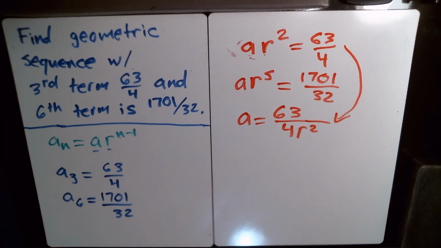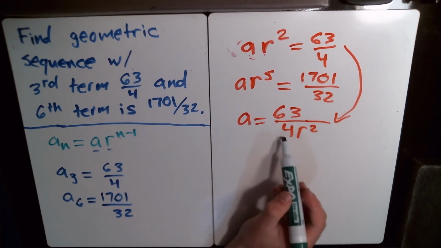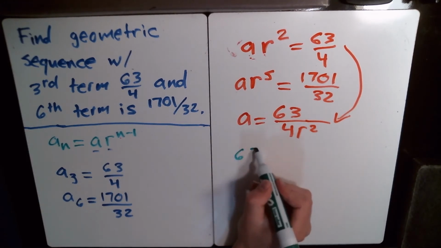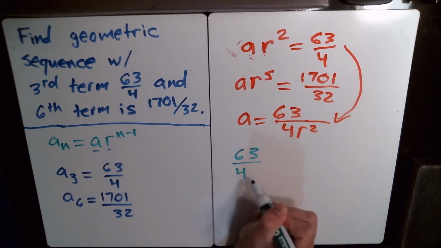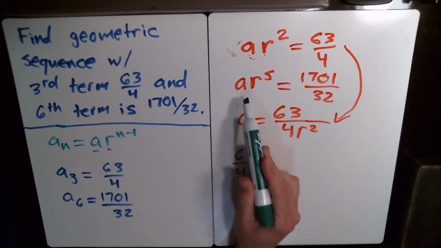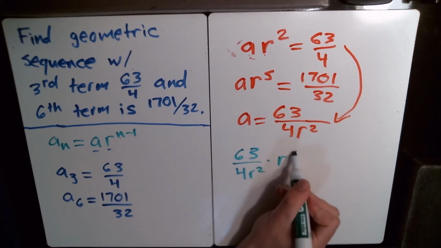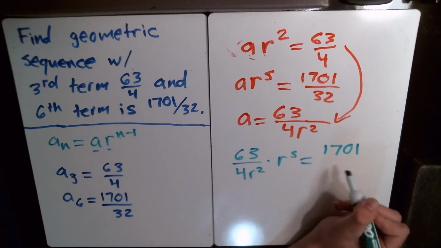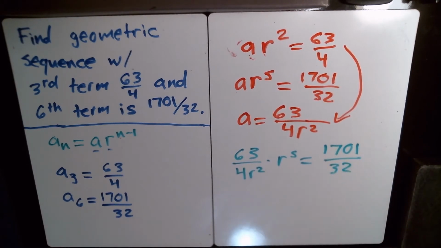Then we'll plug that in for A in the other equation that we have. So we have 63 over 4 r squared, that was what A was, times r to the fifth, and that should be equal to 1701 divided by 32. Okay? So now we've got something that we can deal with.